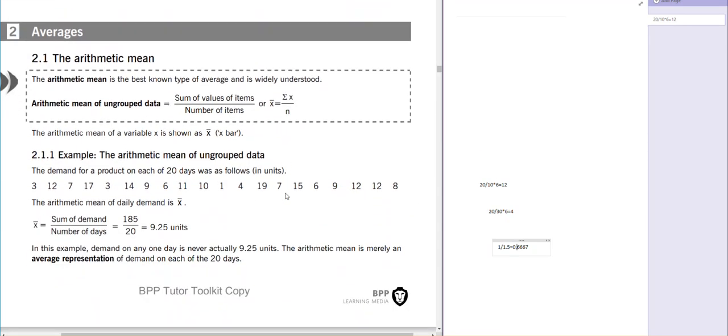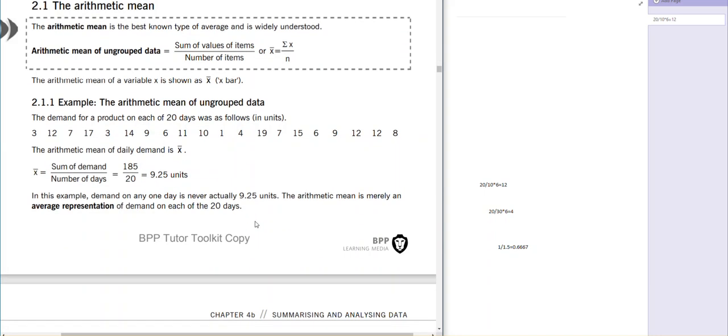Okay, next we have averages. We have something called mean, or arithmetic mean, which simply means average. How do you find average? You add all the data that you have and you divide it by the total number of units, or whatever the total activity is.